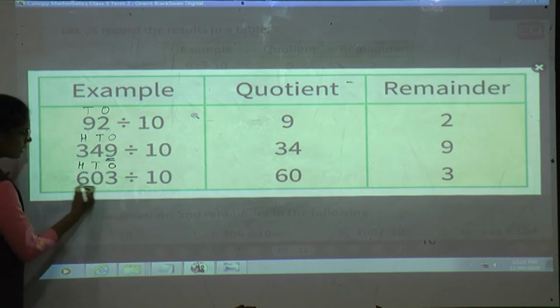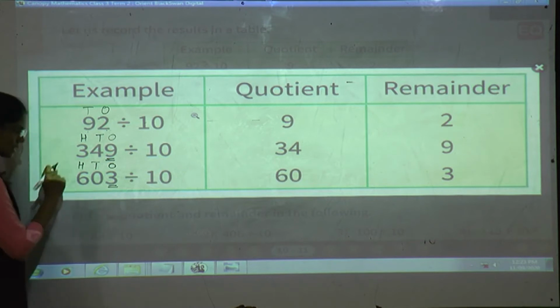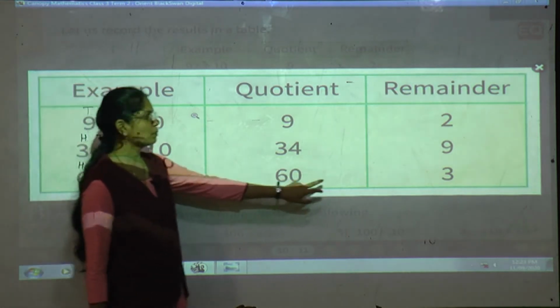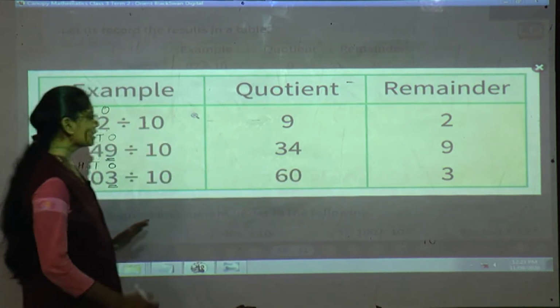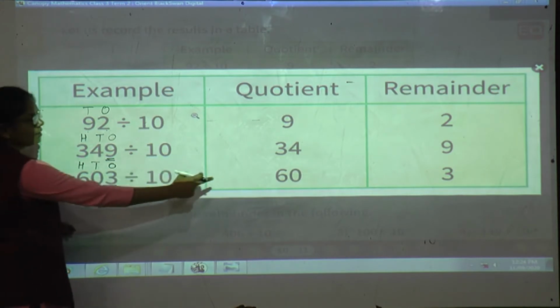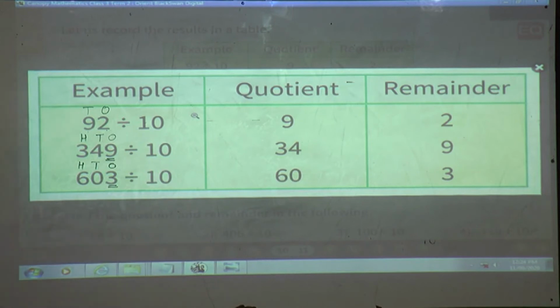In 603, at ones place 3 is there, so we get the remainder 3. The remaining digits, 60, will be the quotient, so here we got the quotient 60. Clear?